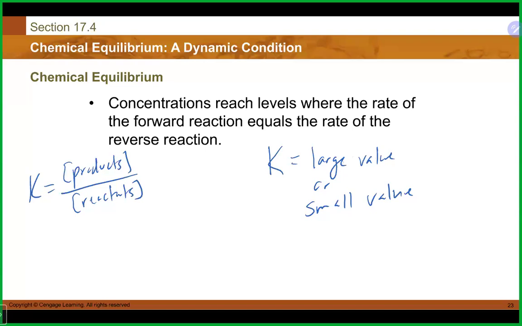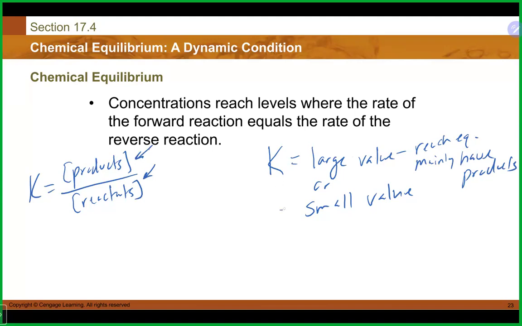If you have a large value of K, what that means is when you reach equilibrium, you mainly have products present, right? Because if I take a large number on top divided by a small number, I will get a large number for K.